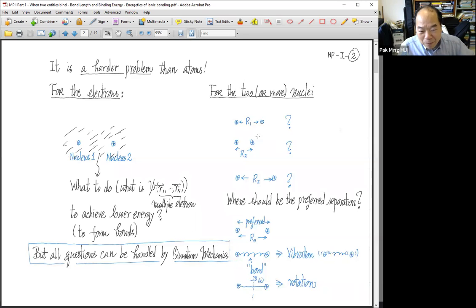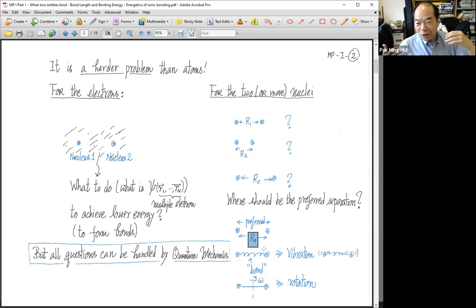Then the next problem you can solve is 0.6 angstrom. Then you do it again, and then you can do it for 1.2 angstrom. Do it again, okay? So after you do it many times, the electronic energy will have a minimum at some particular separation called the bond length, which is the equilibrium separation.